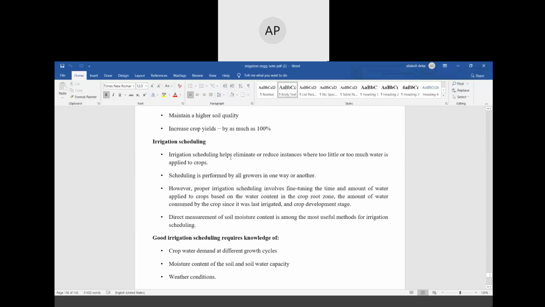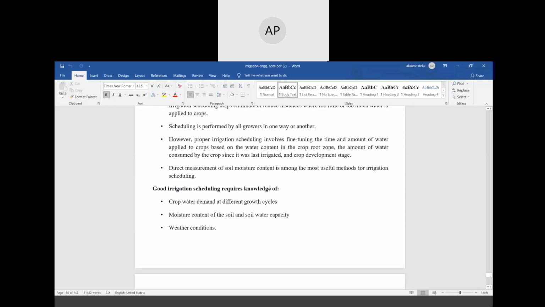Irrigation scheduling helps reduce instances of too little or too much water.